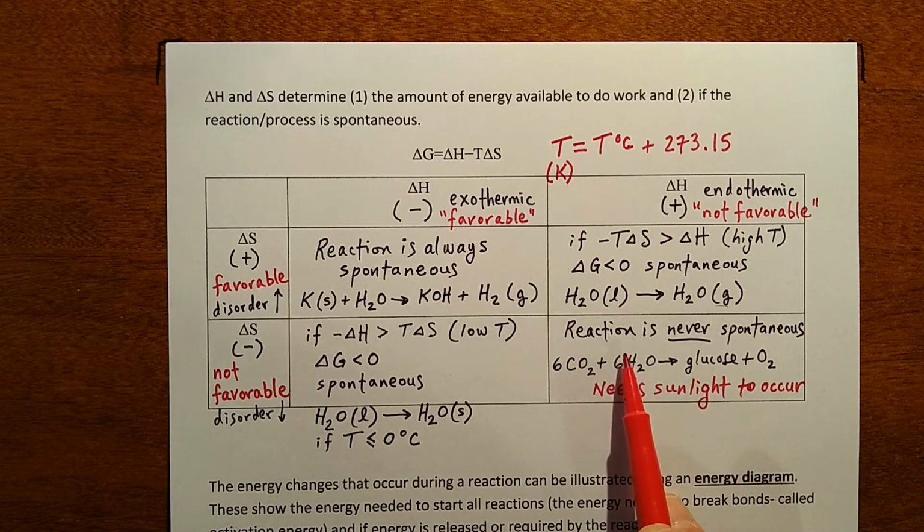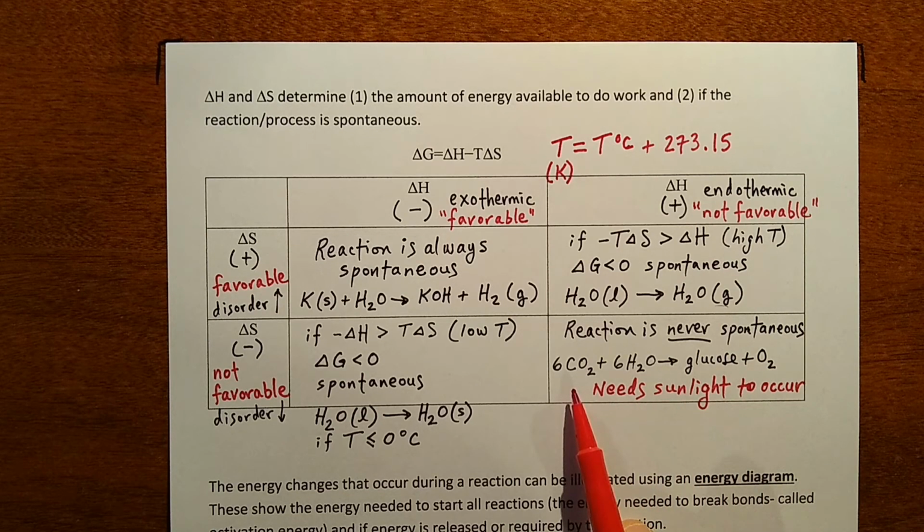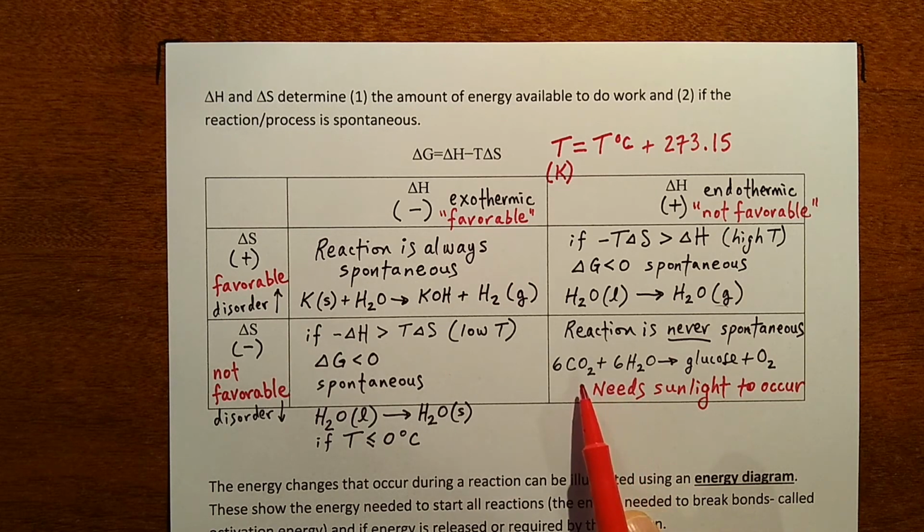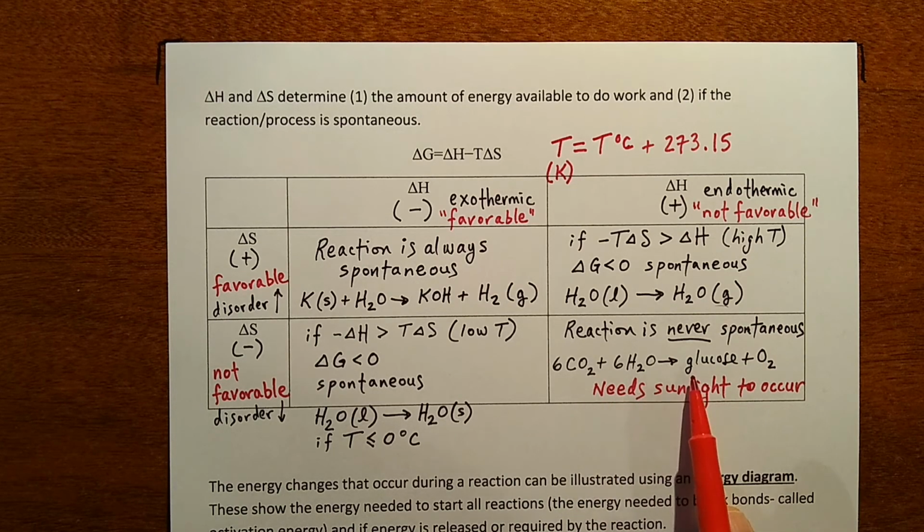The fourth case is reactions that are never spontaneous. You can think of the photosynthesis reaction as being this case. It is an endothermic process because you have to add in energy to these molecules, the CO2 and water, to make them react to give you glucose and oxygen. That's an input of energy, so you need sunlight for that to happen.